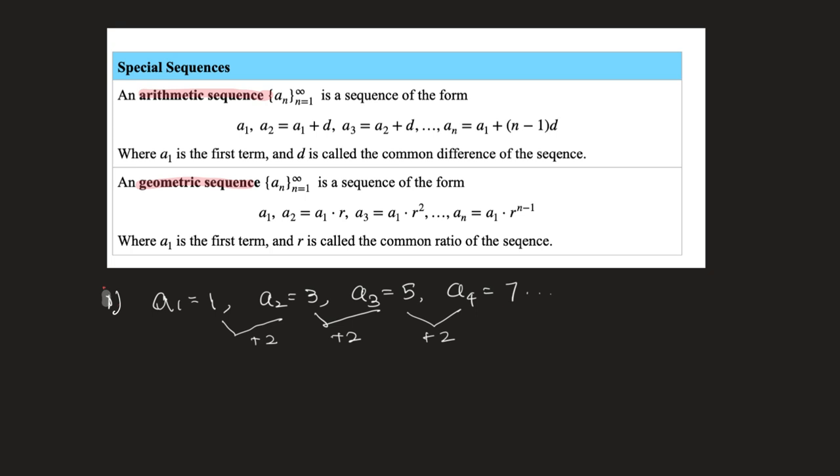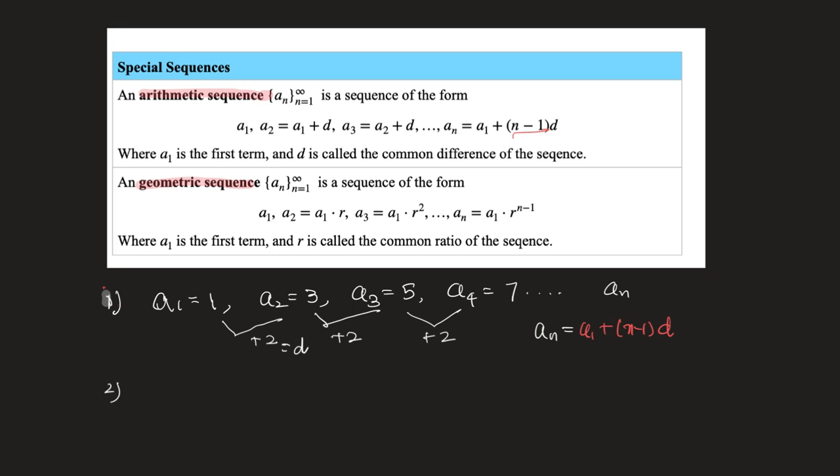Each time you add the same amount, which we call the common difference D. It can be negative or positive. So how do you find An? You keep adding D, n minus 1 times. So An is A1 plus n minus 1 times D. That's the general term of an arithmetic sequence.